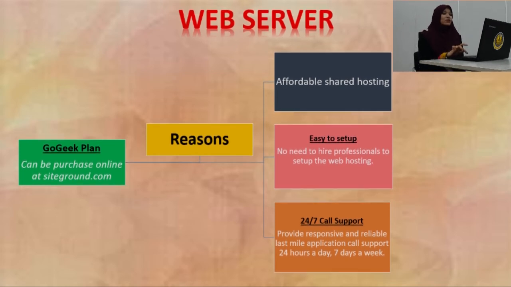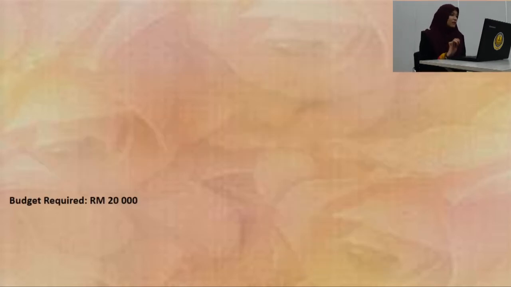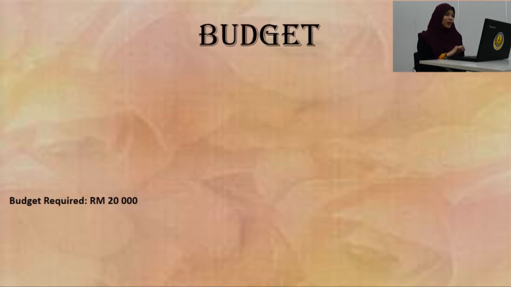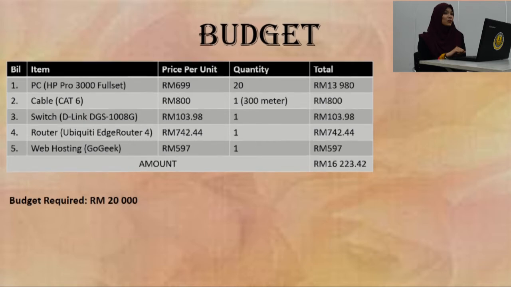Okay, next we move on to the budget. We have 5 items that we provide. The first is the PC, which is the HP Pro 3000 full set. It costs 699 ringgit per unit, and we provide 20 PCs, and it totals 13,980 ringgit. For the cable, we choose Cat6 and it costs 800 ringgit and it has 300 meters.